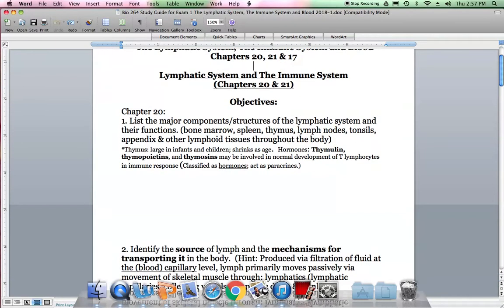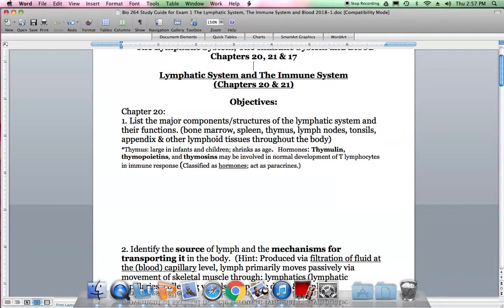The first one is to list the major components or structures of the lymphatic system and their functions. I've listed here the major components or structures, and their functions are listed right in the PowerPoint script.